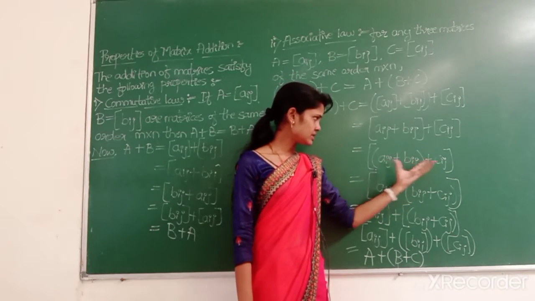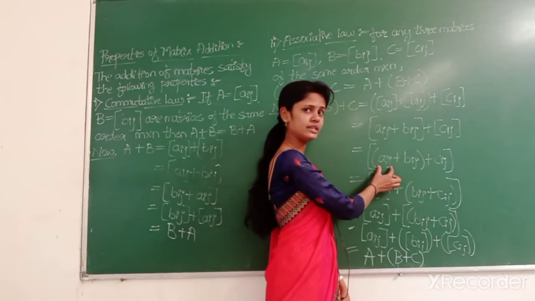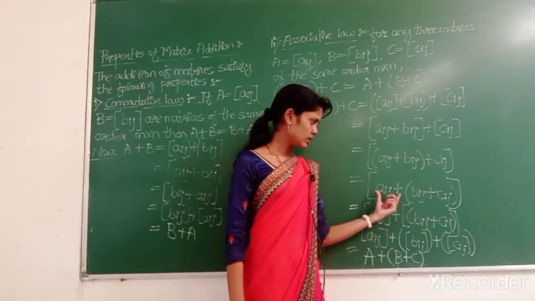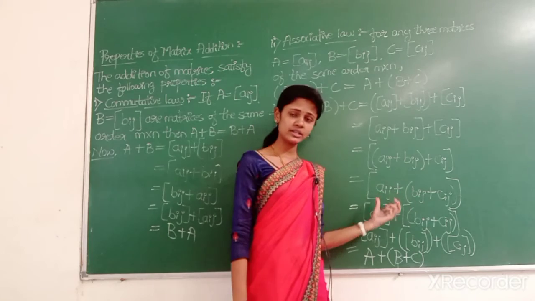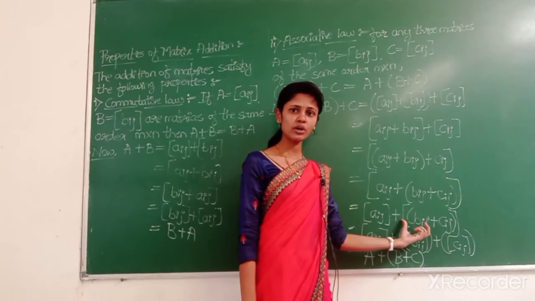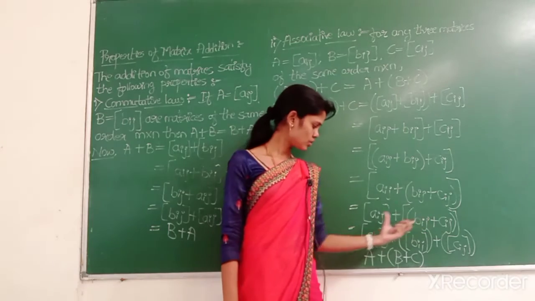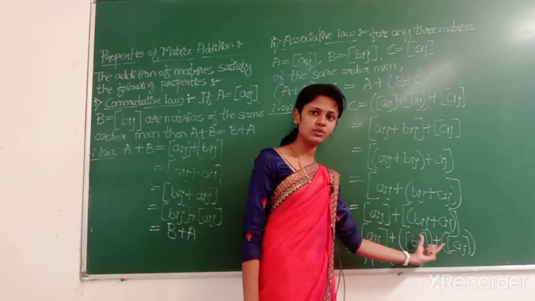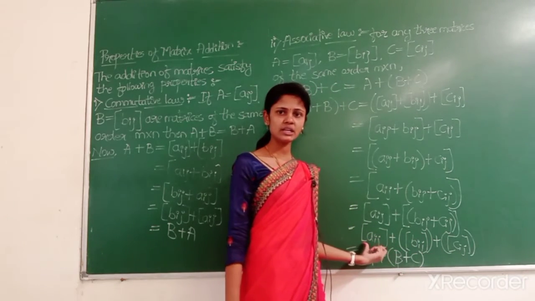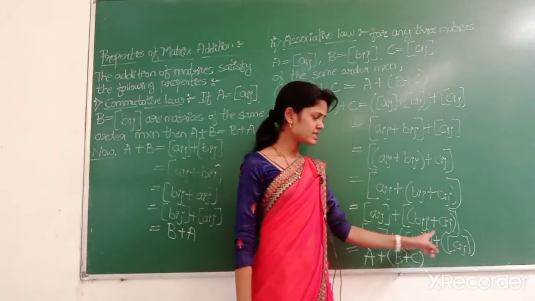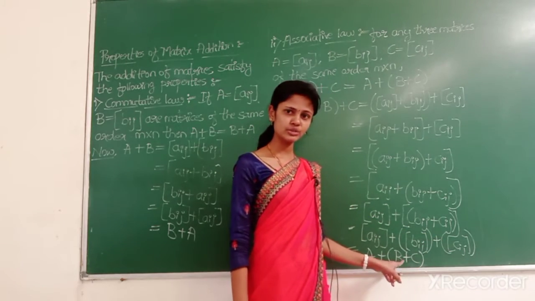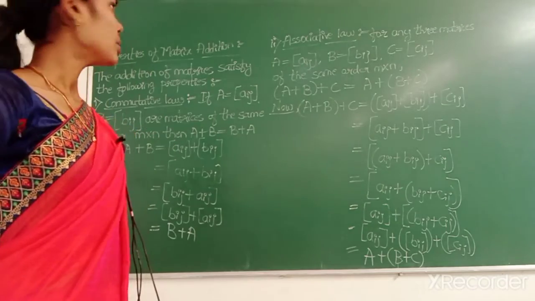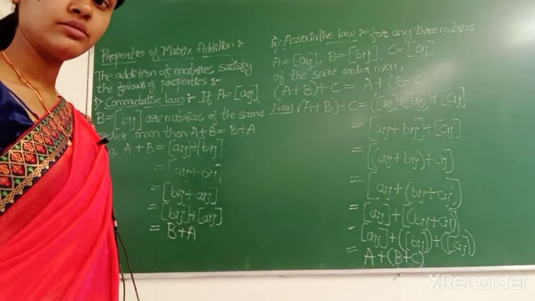Here this can also be written separately as Aij, and we can also write Bij + Cij in another bracket. So writing separate matrices, matrix [Aij] separately and [Bij + Cij] separately: matrix [Aij] + matrix [Bij + Cij] in one bracket. So what is Aij? It is matrix A. Bij + Cij is the matrix B + C. This is our associative law in the properties of matrix addition.